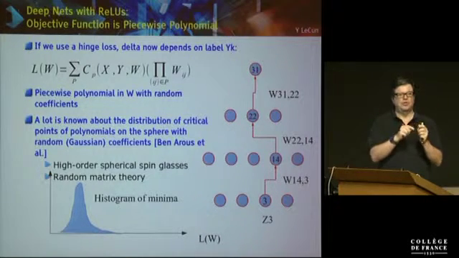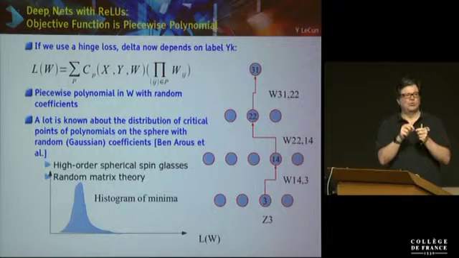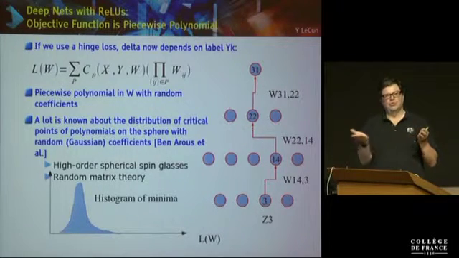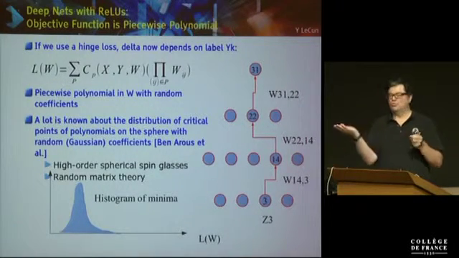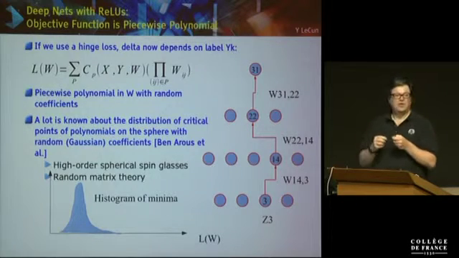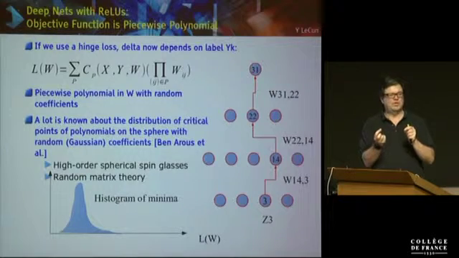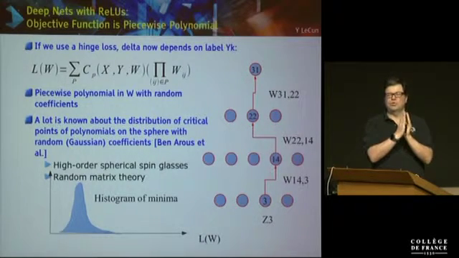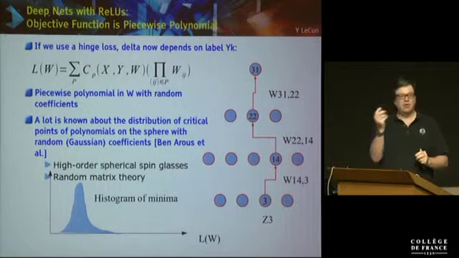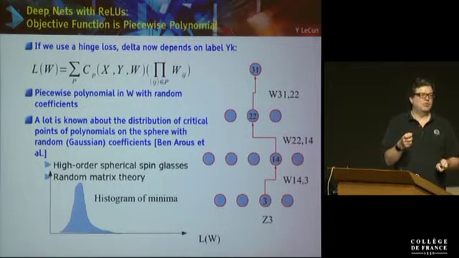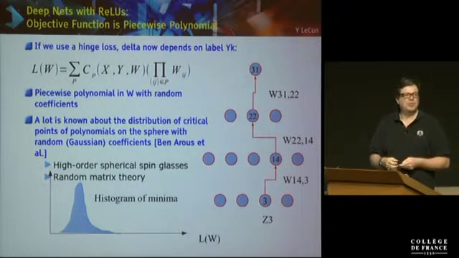In other words, if you look at the histogram of the number, well, depending on the level of the loss function, how many local minima have a specific energy? They're all in a very narrow band. Therefore, all local minima are almost equivalent.